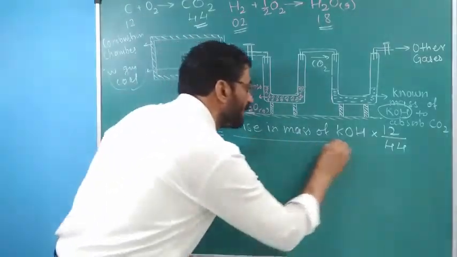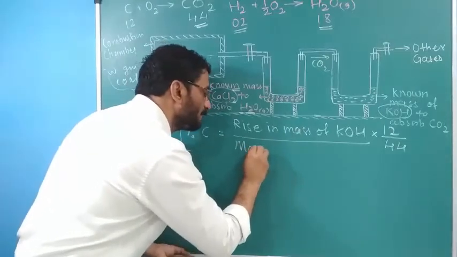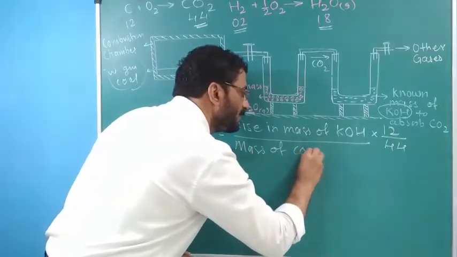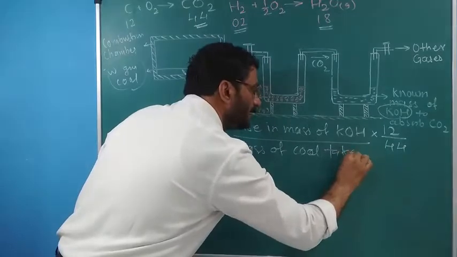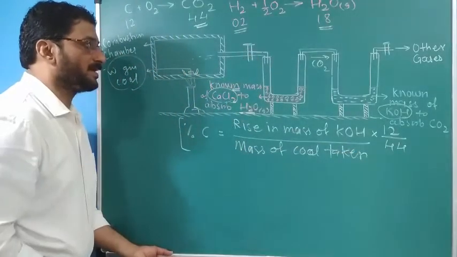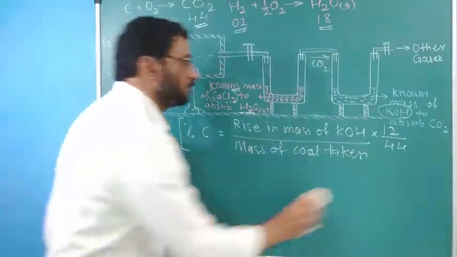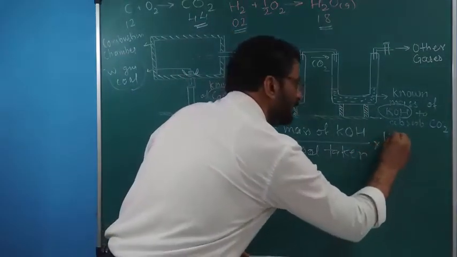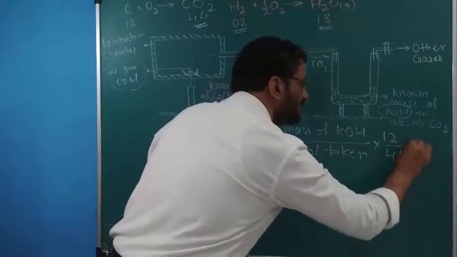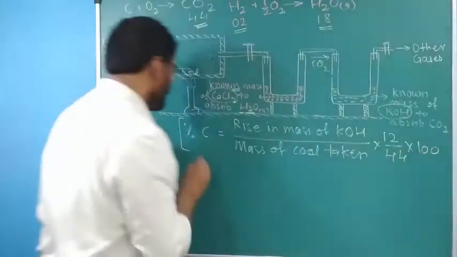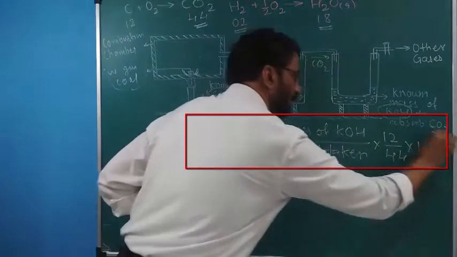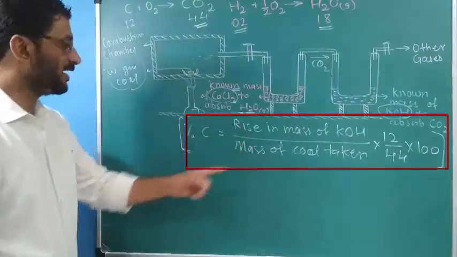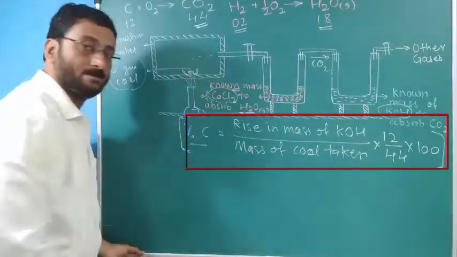Okay? From where? From the mass of coal taken, say whatever W gram coal taken. So this much carbon is there in W gram coal. So how much is there in 100 gram coal? That becomes your formula, that becomes the equation. With that we can find percentage of carbon.